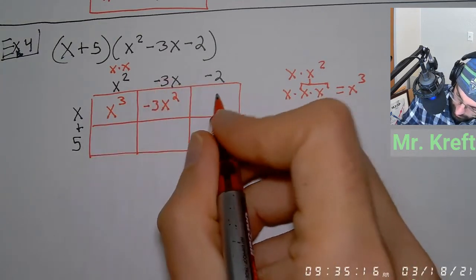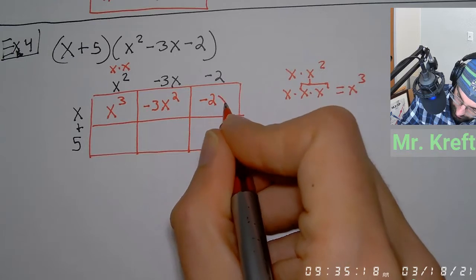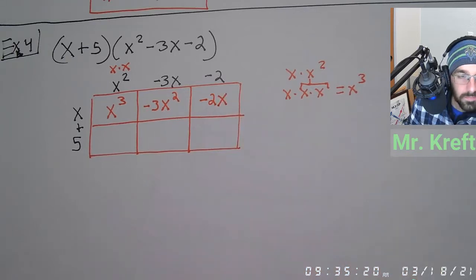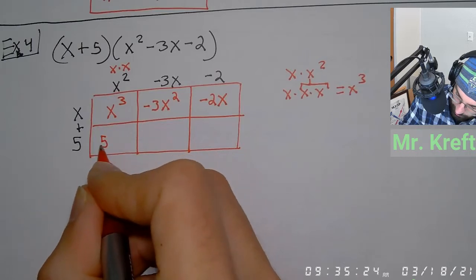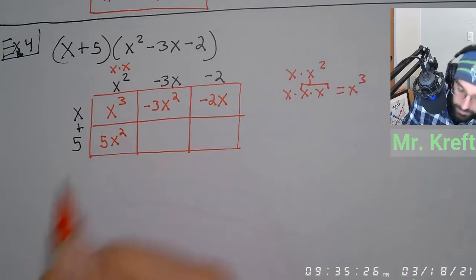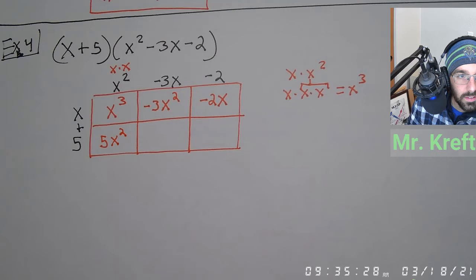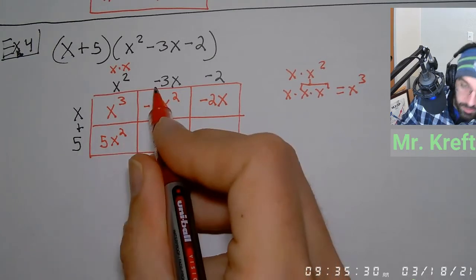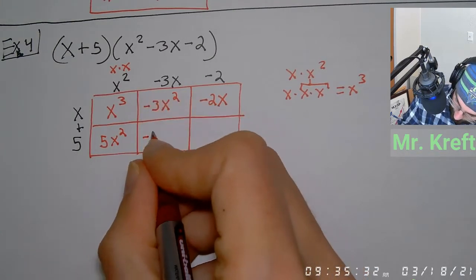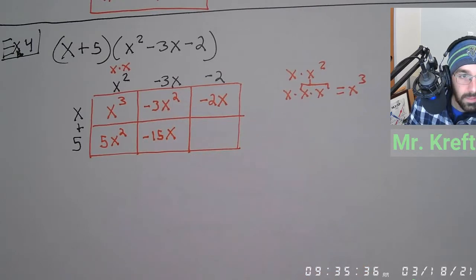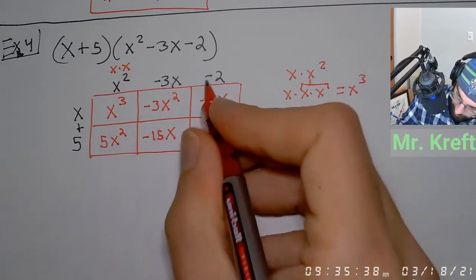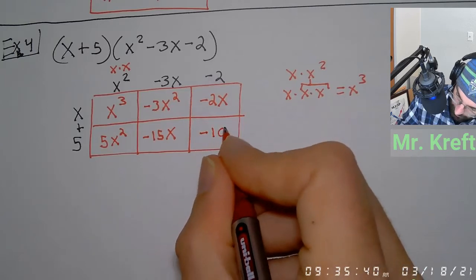And then I have negative 2 times x, that's negative 2x. And then I have 5 times x squared, so that's 5x squared. And then I have 5 times negative 3, so that's negative 15. And then there's an x.